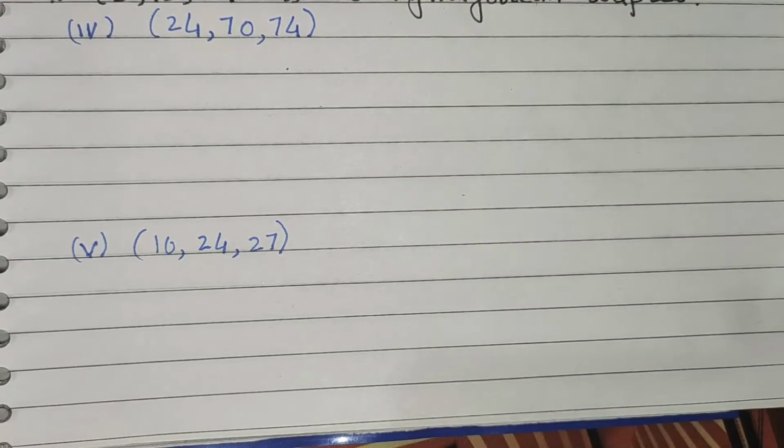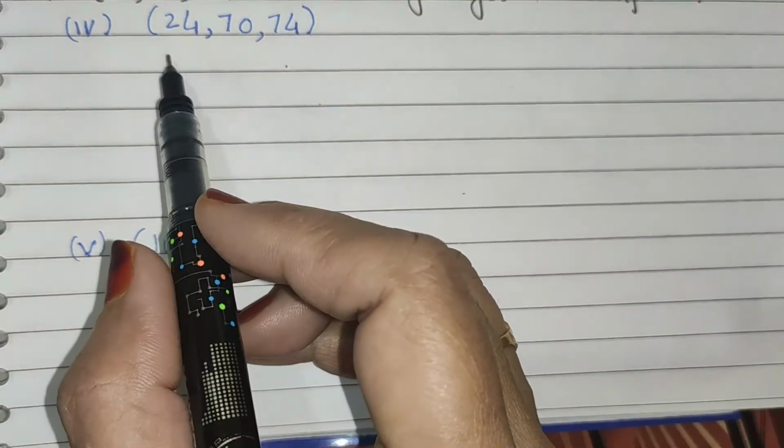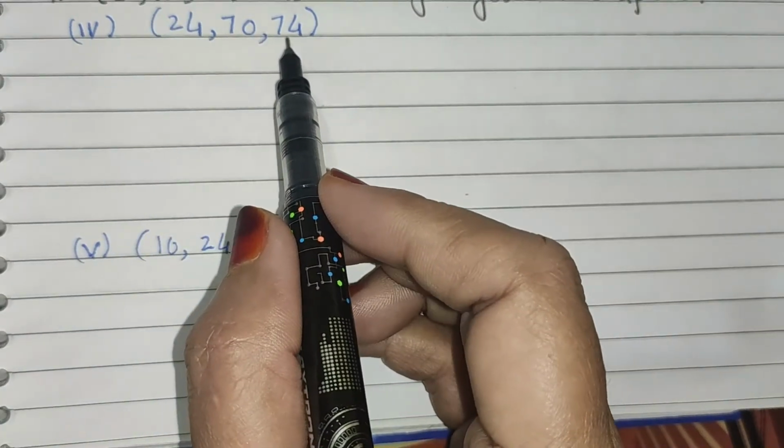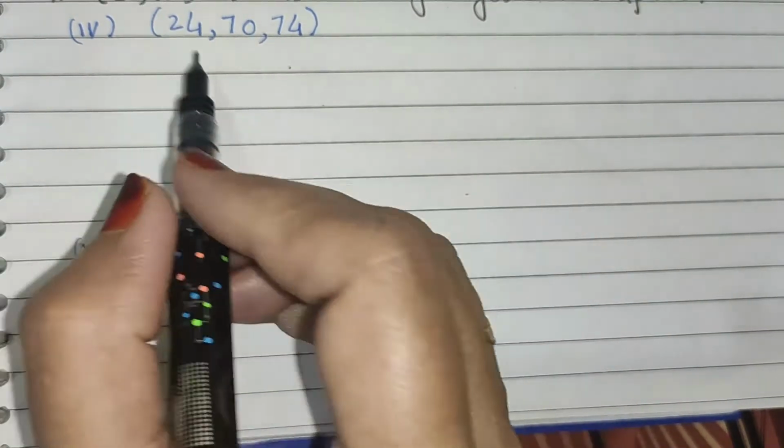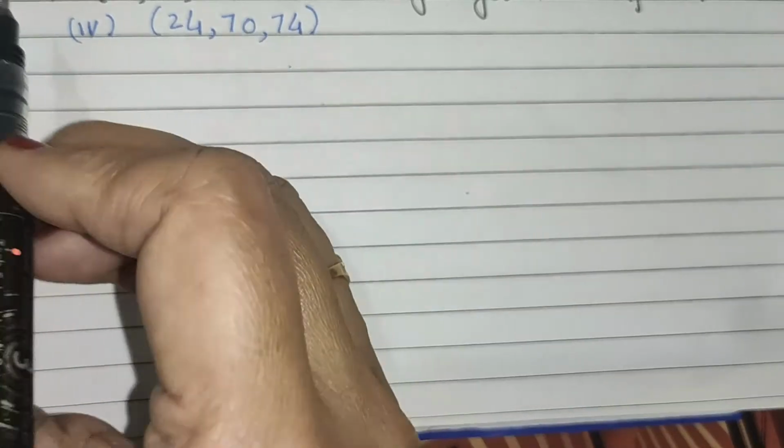Now, next number is 24, 70, 74. Now here the largest number is 74.